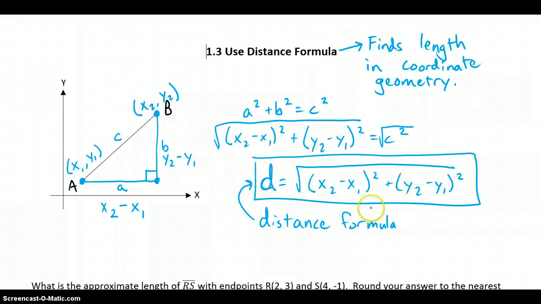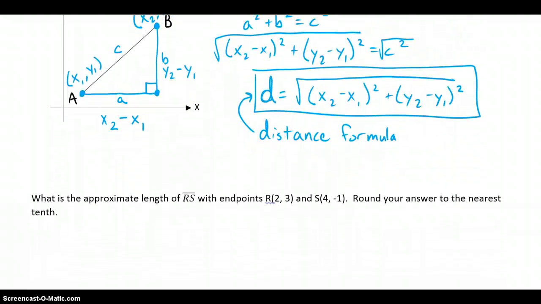Let's apply the distance formula. If I want to find the length of segment RS, and I have two endpoints that are coordinates, I can use the distance formula to find that length. So 2 will be my x1, and 3 will be my y1, and 4 is my x2, and negative 1 is my y2.